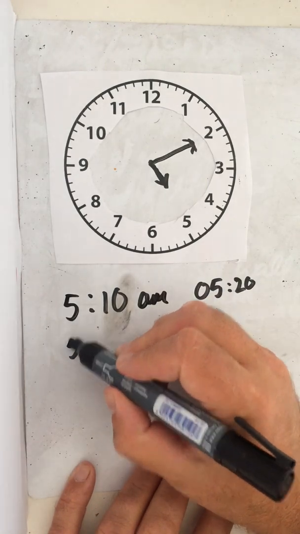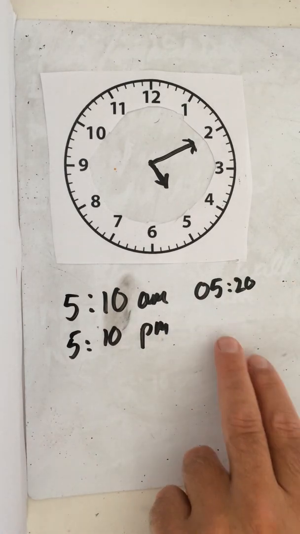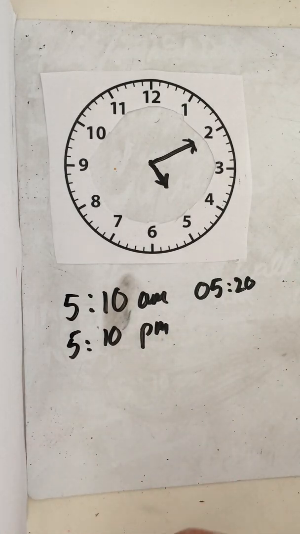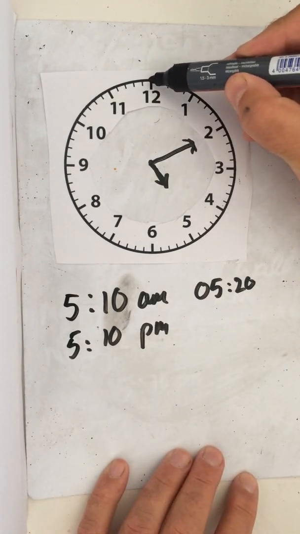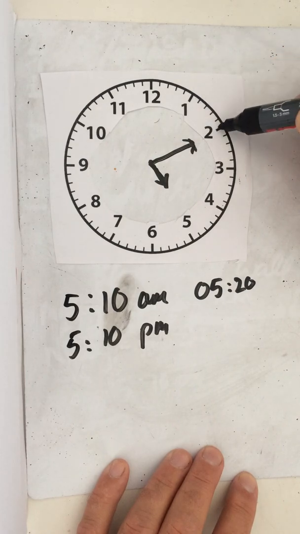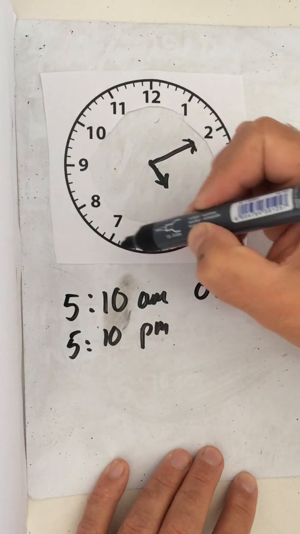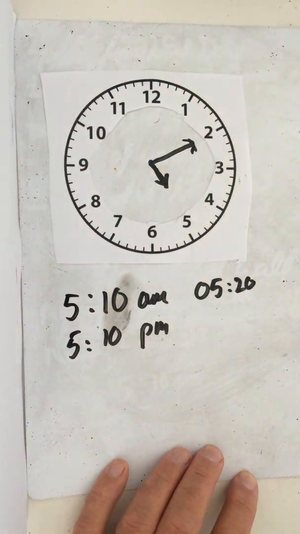But if you've got 5:10 PM in the afternoon, then when we get to midday, which is 12 o'clock, when we get to 1 o'clock in the afternoon, that becomes 13 o'clock. We've got 13 o'clock, 14, 15, 16, 17, 18, 19, 20, 21, 22, 23, and we go all the way around.